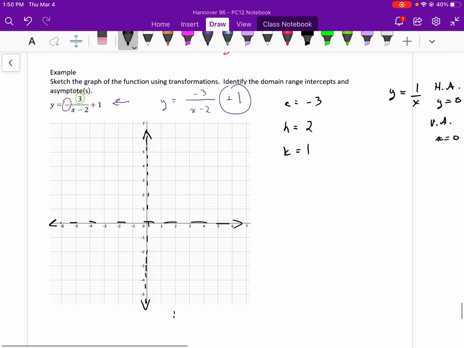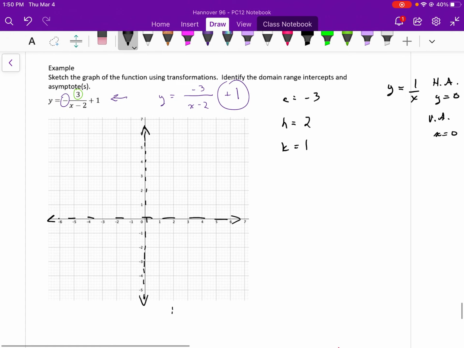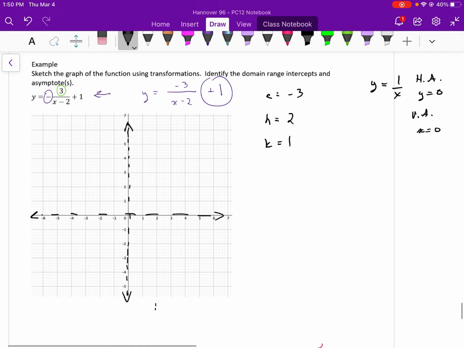If I stretch this vertically by a factor of 3, this doesn't change the vertical and horizontal asymptotes. They stay where they are. Now h is equal to 2.